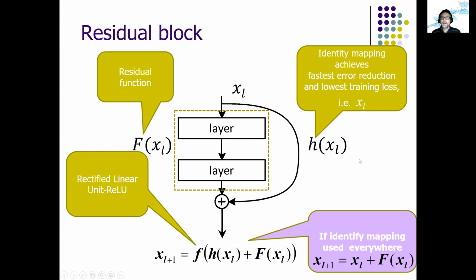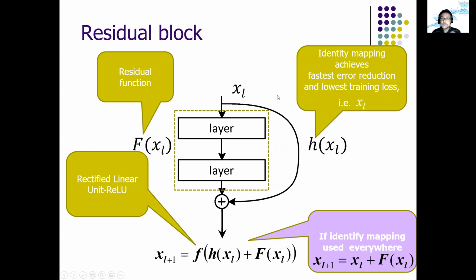Okay, and there are different ways to exploit this kind of information. You can use it as a direct identity mapping, which means that you don't have a function H here. So you just add the input. Or you can do different kinds of tricks. You can have a function here. This function H can be a convolution, if you like. So different researchers try different kinds of combinations.